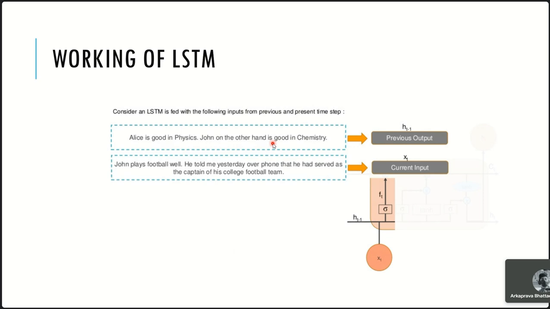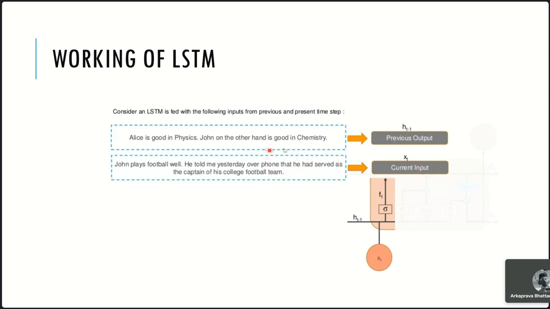John, on the other hand, is good in chemistry. So this is the output from HT minus 1. XT is: John plays football well. He told me yesterday over phone that he had served as the captain of his college football team. So this is XT and this is HT minus 1.